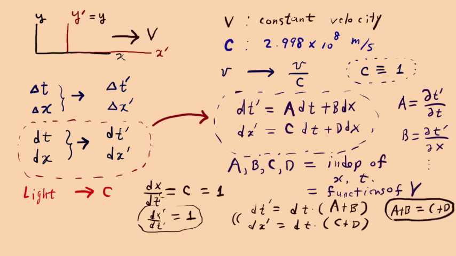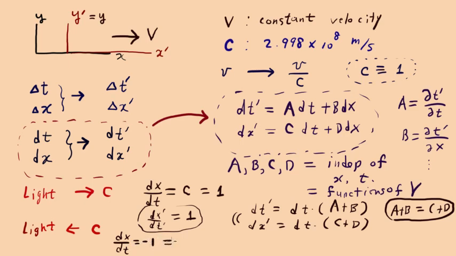So let's save it. Next, another event that we consider is a left-going light. And if you do that, then dx over dt is now -1, because the speed of light is c, but the direction should not change. The light is moving to the left at the speed of light, so the velocity is now -1.